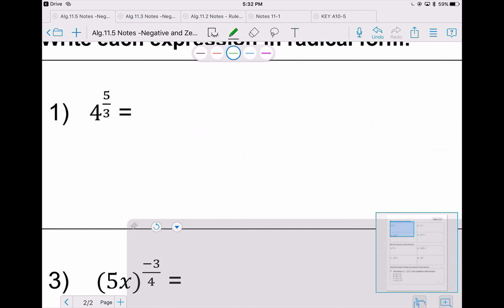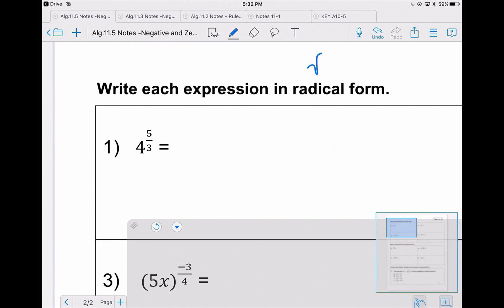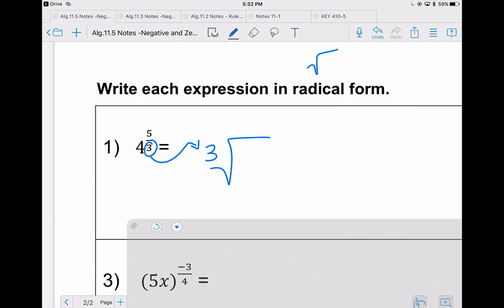Write in radical form, meaning give it a square root. Get rid of that fraction. So 3 goes on the outside, 4 to the 5th stays on the inside.